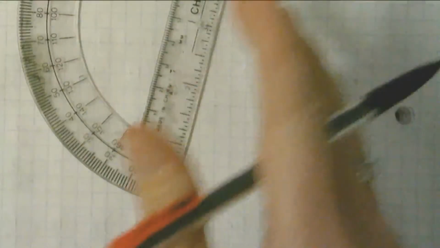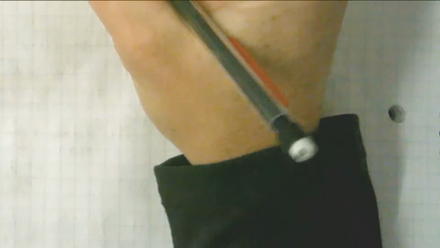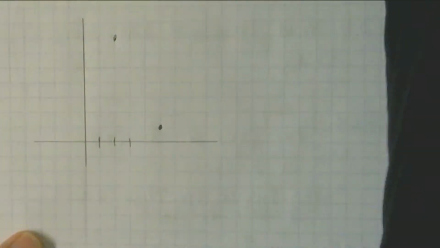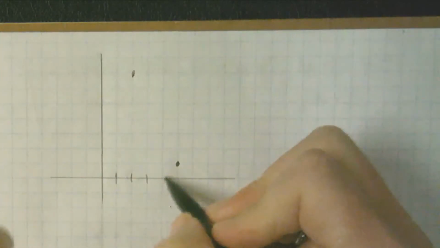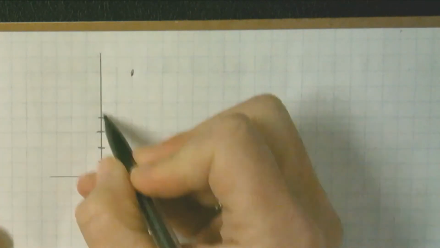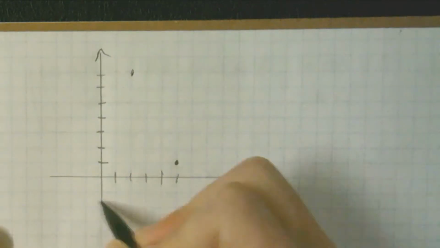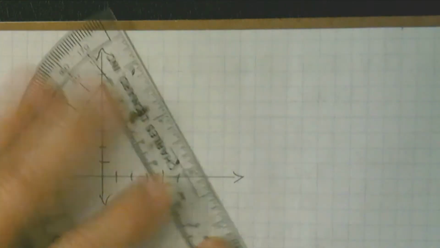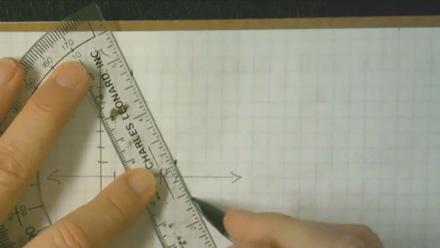So I want you to find the slope of this line that runs through those 2 points.